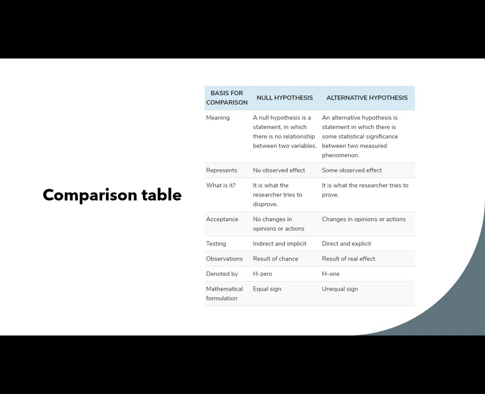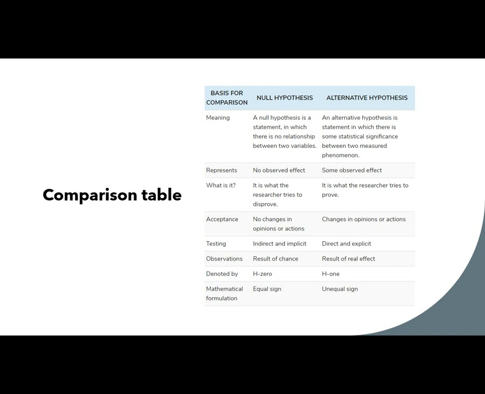Testing of the null hypothesis is indirect and implicit, and alternative hypothesis testing is direct and explicit. Observations of the null hypothesis are results of chance, and alternative hypothesis observations are the result of real effects. They are denoted by H0 and H1 as we've seen earlier.